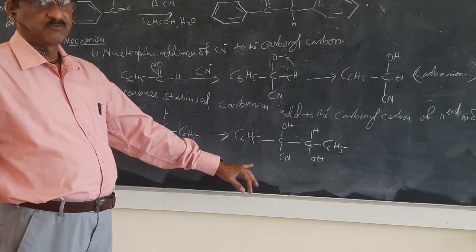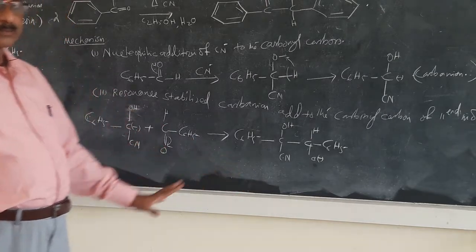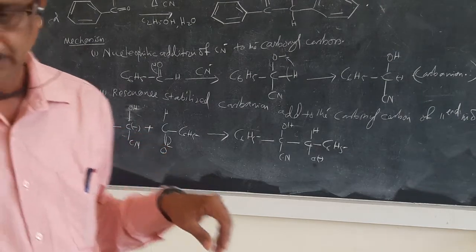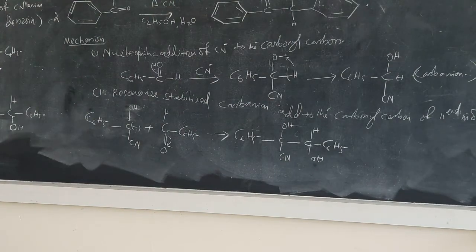Again, there is a formation of an anion. And then the third step, that particular ion rearranges to form a dimer. So that's all about this reaction. And let us again explain with another reaction.